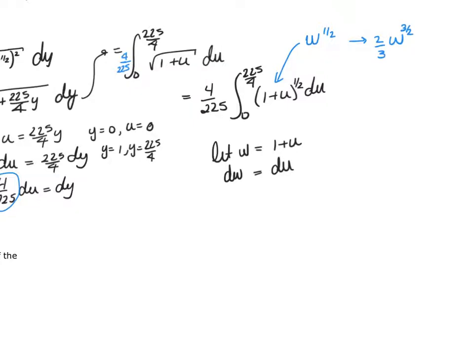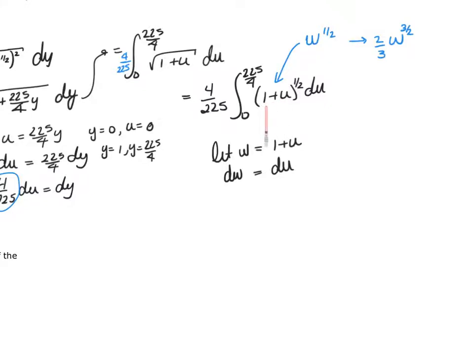So doing that without a complete u substitution or a w substitution there shows me that when I do the integration of 1 plus u to the 1/2, it will be 2/3 1 plus u raised to the 3/2. So I'm not going to do a full u substitution there. It's just going to help me see what this part's going to integrate to.